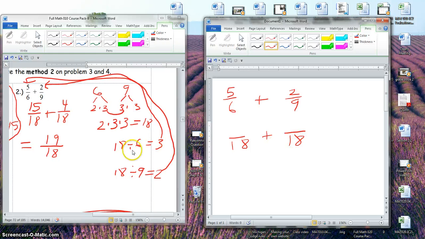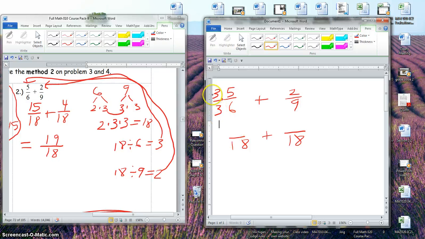Now remember how I told you here, we take the new denominator divided by the old denominator, which gave us 3, right? Now remember how I told you all to take this 3 and multiply by the numerator. Now mathematically speaking, this 3 was actually multiplied to this numerator and denominator.